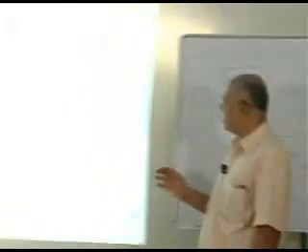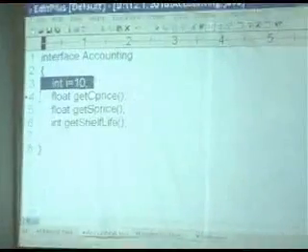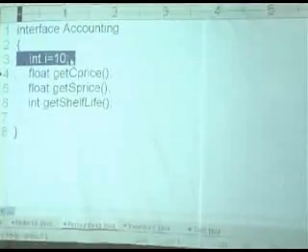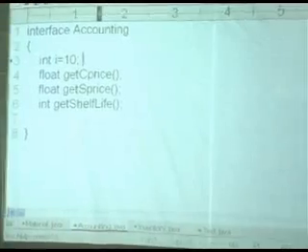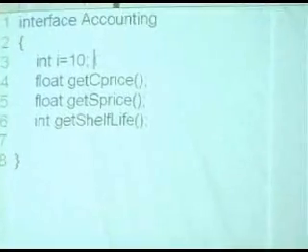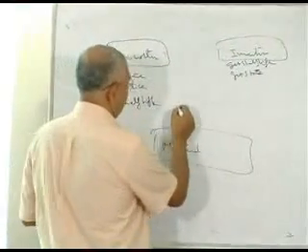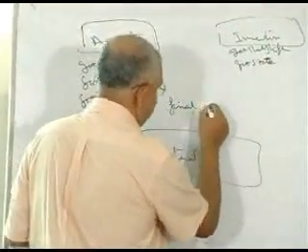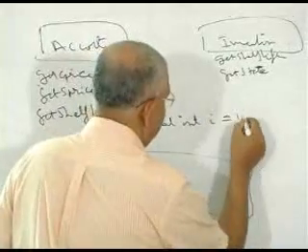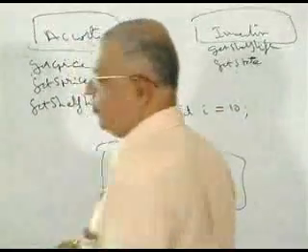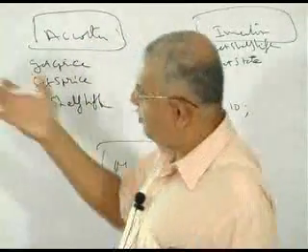Let's focus on the accounting interface a little more. Please remember, I'm going to tell you something interesting about this variable I. First of all, it is not a variable, it is a final. When you mark something as final, you can do it in two ways. You can say final int I equal to 10. Now you will say, I never used the word final.